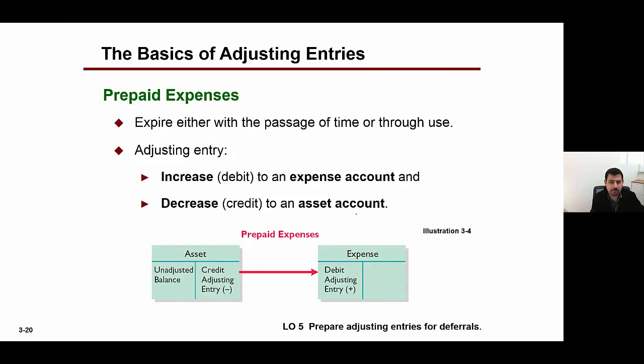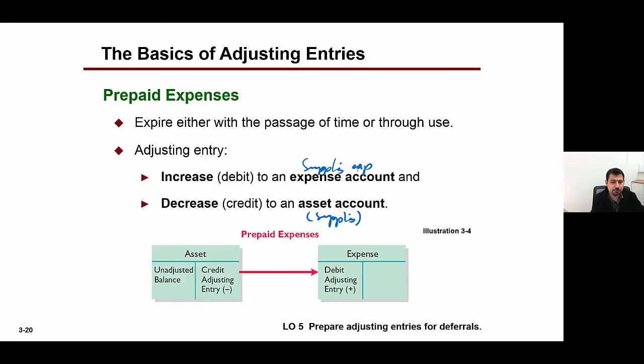So, as we did before, the adjusting entry was to decrease the asset, in that case supplies, and to increase an expense account, which was supplies expense.